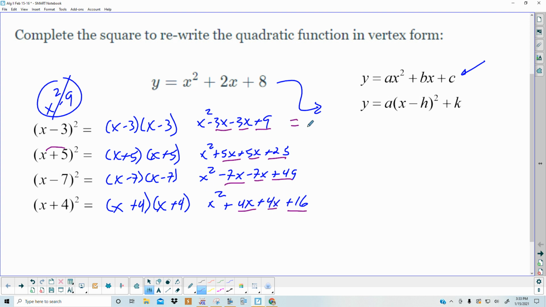So let me look at these answers. X squared minus 6x plus 9. X squared plus 10x plus 25. X squared minus 14x plus 49. X squared plus 8x plus 16.